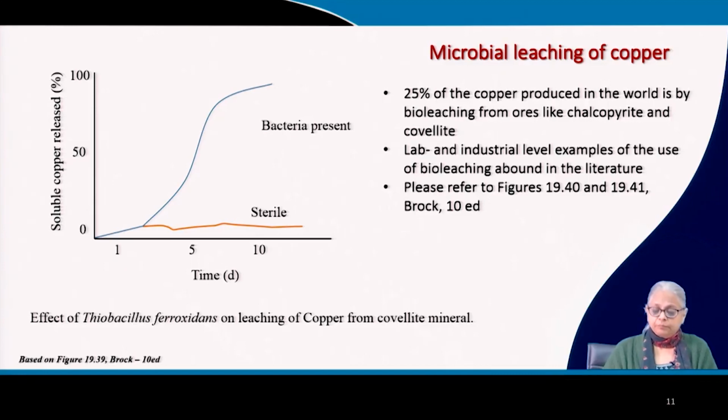When this particular bacterium was added to the solution containing this mineral, you can see the amount of soluble copper released as compared to the sterile form. So this mineral without any bacteria will not release copper in soluble form. This is one example, and I'll show you the next one, which is far more interesting.